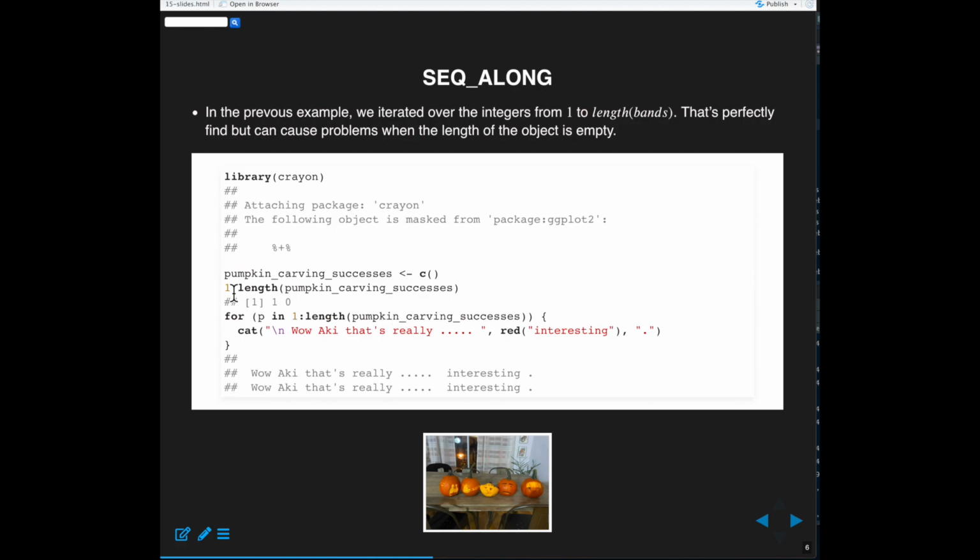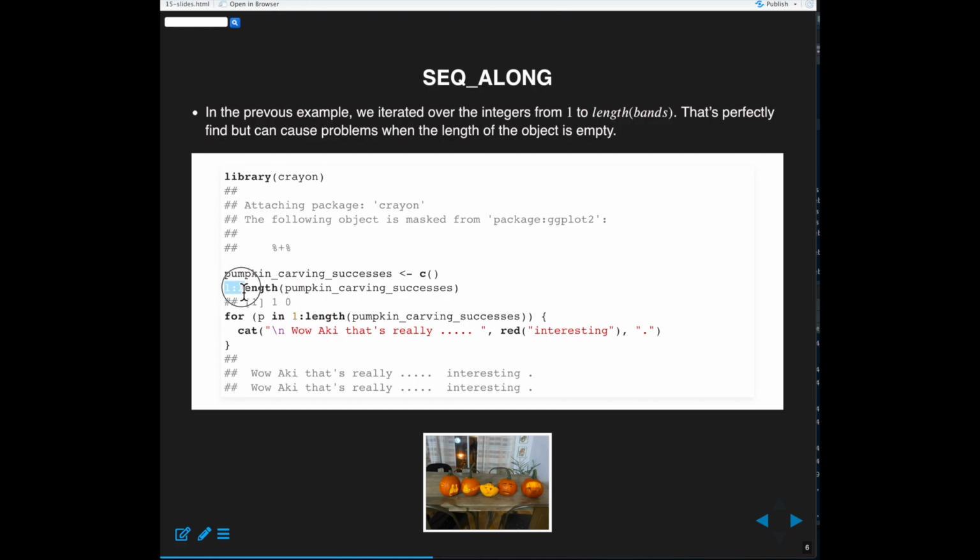Let's suppose I wanted to create a for loop, and every time Aki successfully carved a pumpkin with some skill, I'd say, wow, Aki, that's really interesting. But he doesn't have any successes, so this shouldn't print out anything.